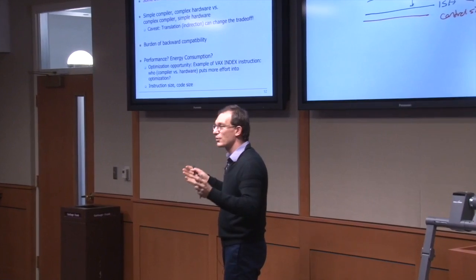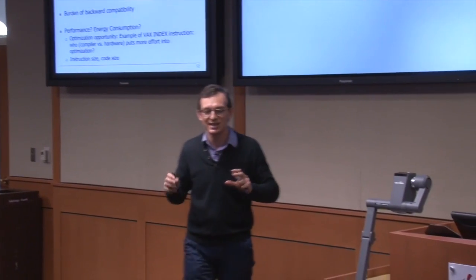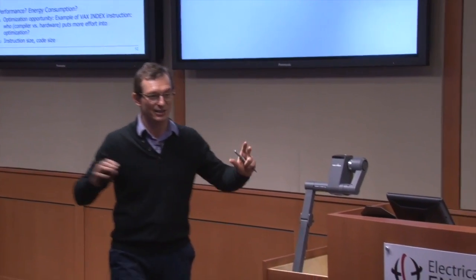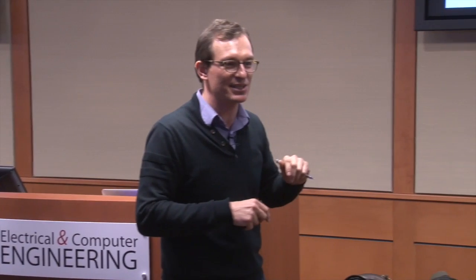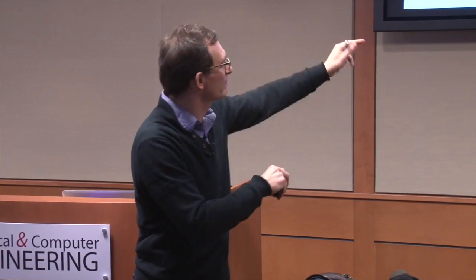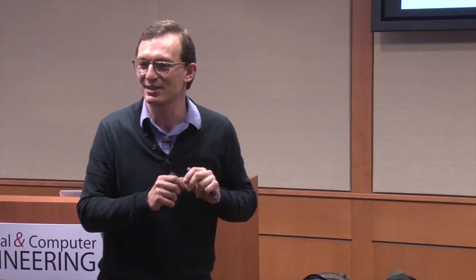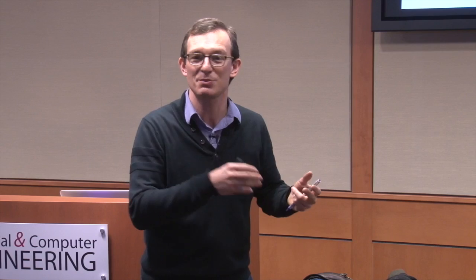And people who were proponents of reduced instruction sets examined the VAX programs, and they said, this VAX index instruction runs like a dog. So they took a VAX program, and they compiled into VAX index instructions, and they also compiled into primitive operations in VAX, and they said, if you use the VAX index instruction, the program runs, in fact, much, much slower, orders of magnitude slower.